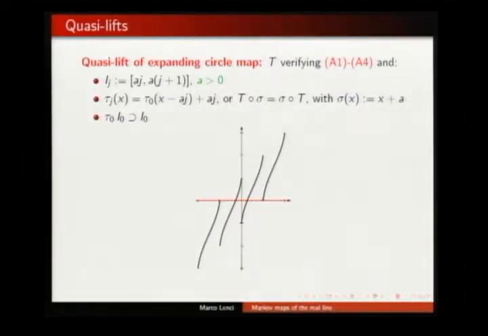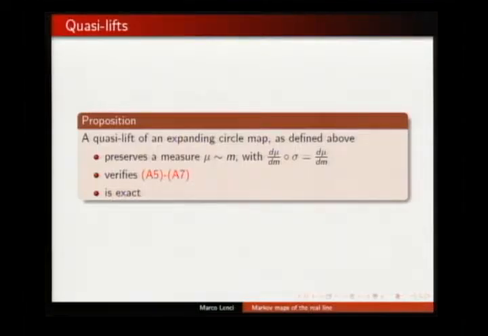And you have to think of, actually, don't think of it, because it will be a property that a quasi-lift of an expanding circle map, in fact, preserves a measure which is equivalent to the Lebesgue measure, verifies A5 and A6 with the hypothesis before, and is exact. It's pretty easy to find out.